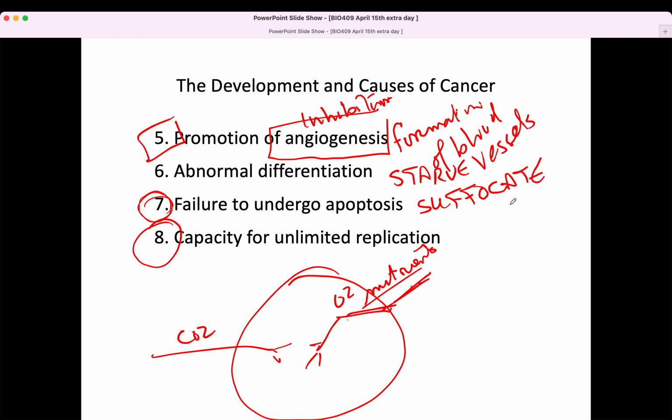Some of those are used as medicines to inhibit this angiogenesis, because cancer is usually found in adults, and in adults there's not much new blood vessel development because there's very little new tissue forming. So if we just do a general inhibition of angiogenesis, we could block the growth of the tumor by blocking growth of these blood vessels, and we'd suffocate the tumor. We wouldn't get oxygen into the tumor, and we'd starve it. It wouldn't have good nutrients.